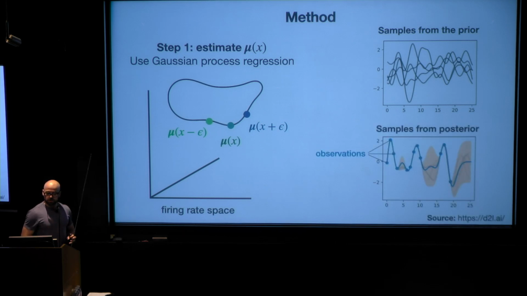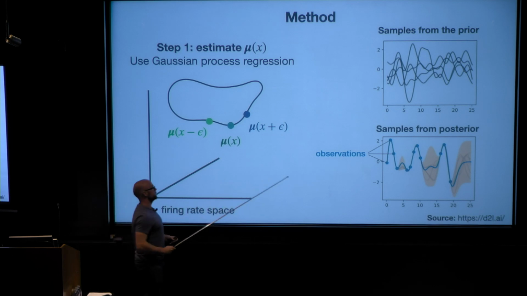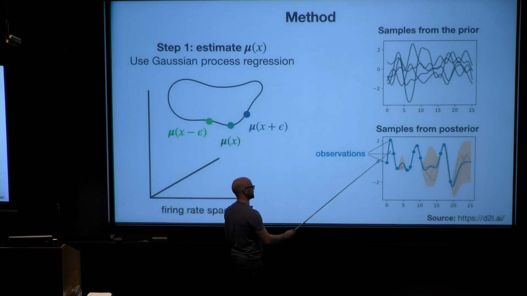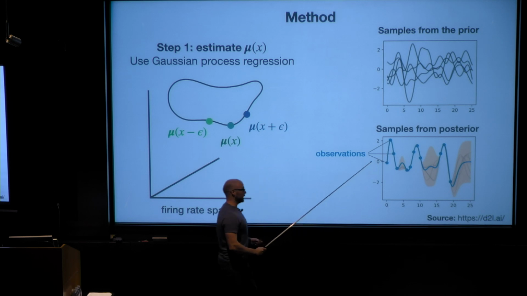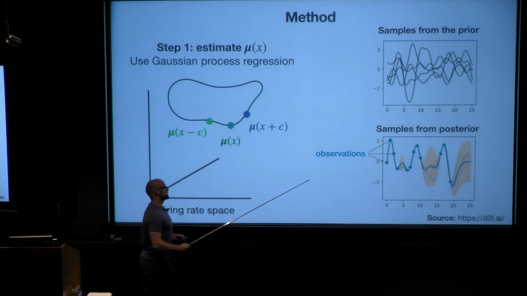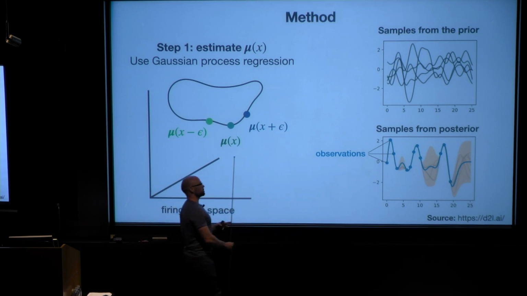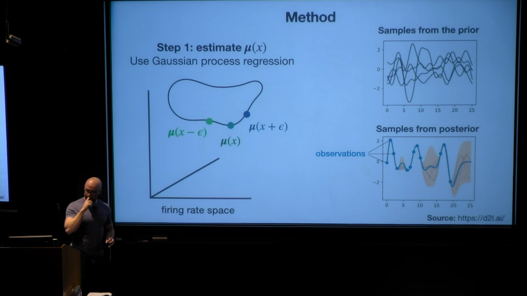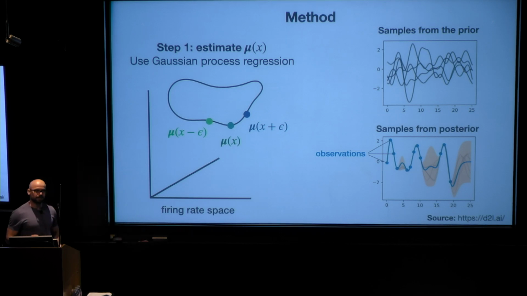I'm not going to go into those details. But then what I do is I condition on observations. Now here the observations are in a model where we're assuming very little noise. But the idea is essentially the same. So we're going to use this Bayesian inference machinery to basically do a fancy form of nonlinear curve fitting. And that's the first step of the model.